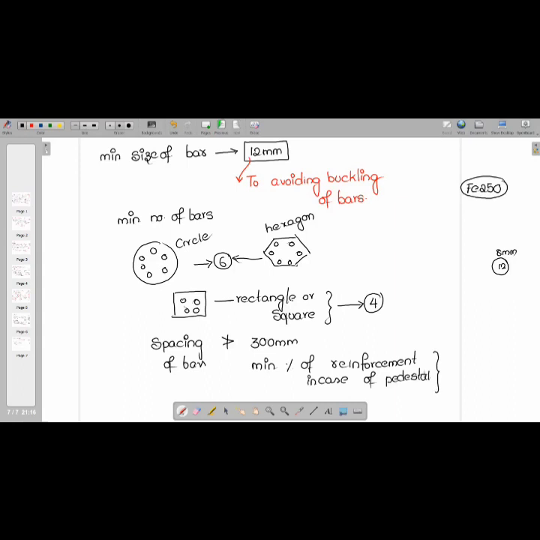So what does a pedestal mean? This is a column and this is a pedestal, and here we have the footing. So this entire thing is the pedestal.